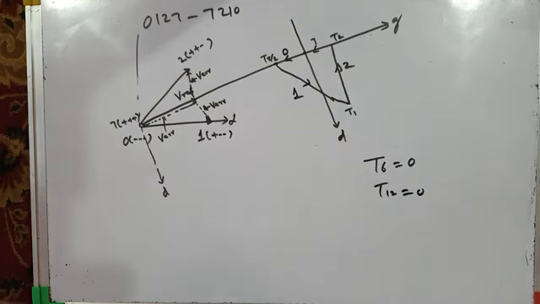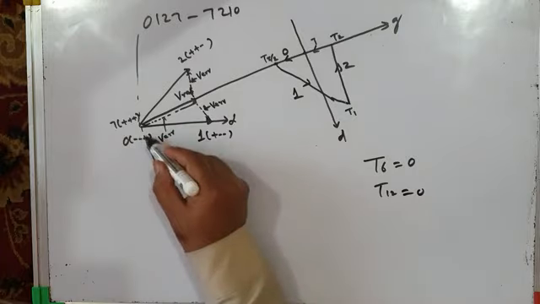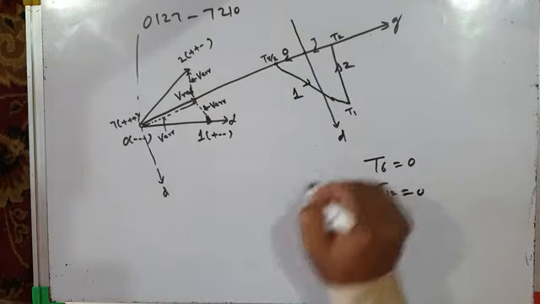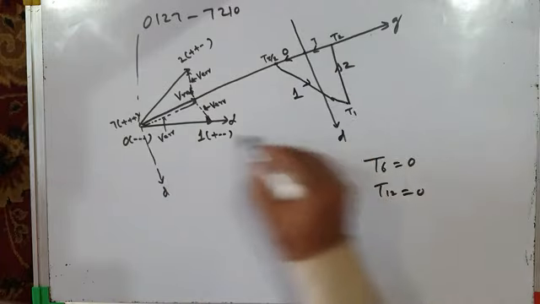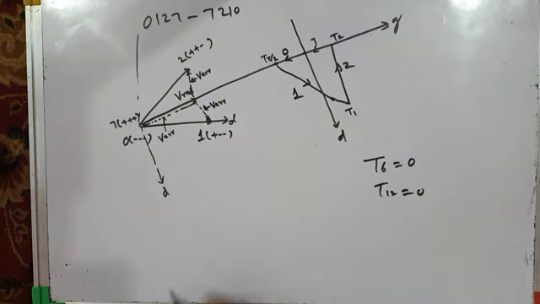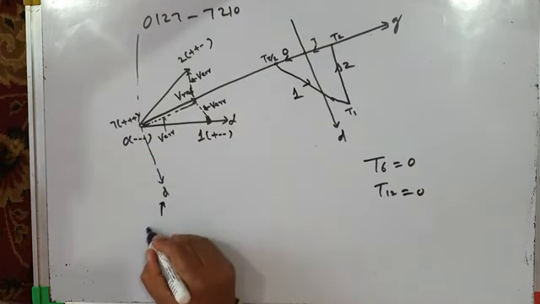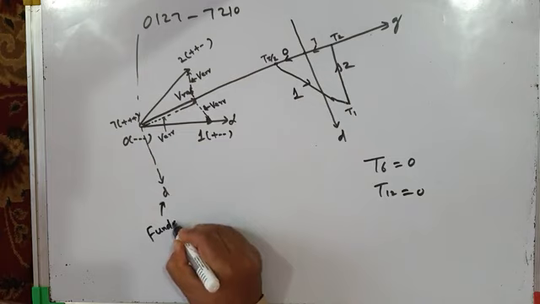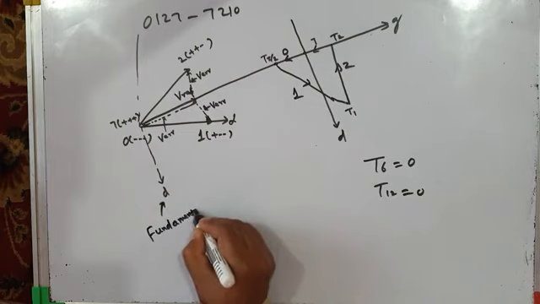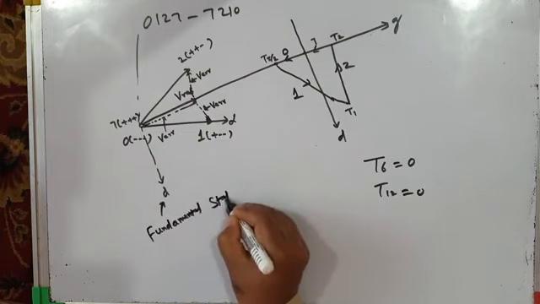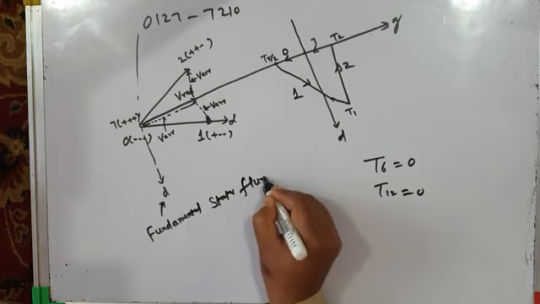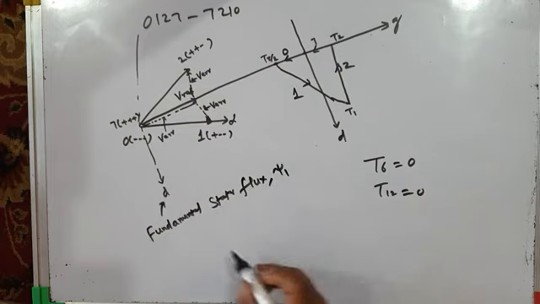So in terms of stator flux, you will see that along the d-axis, this is our dq plane, along the d-axis we will have fundamental stator flux. Fundamental stator flux psi 1 is always aligned along d-axis.